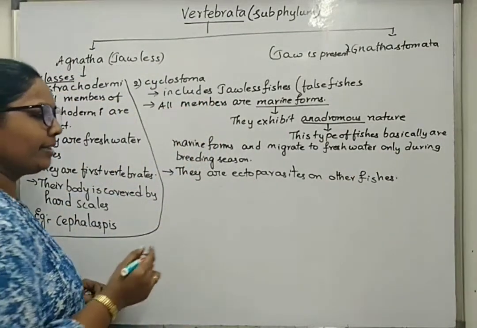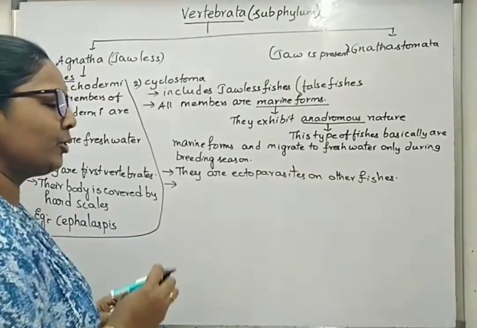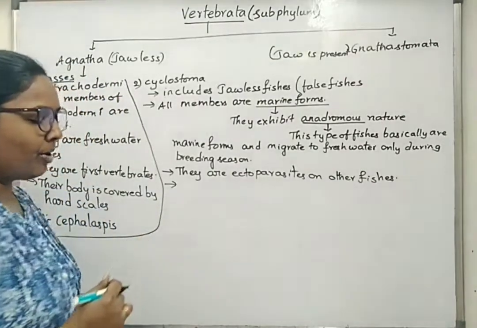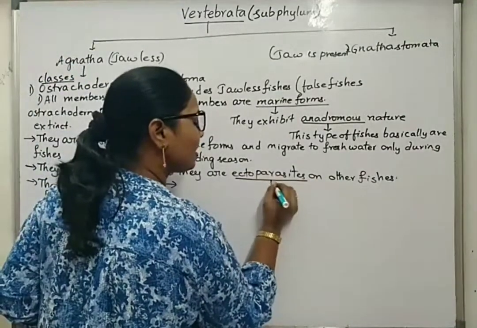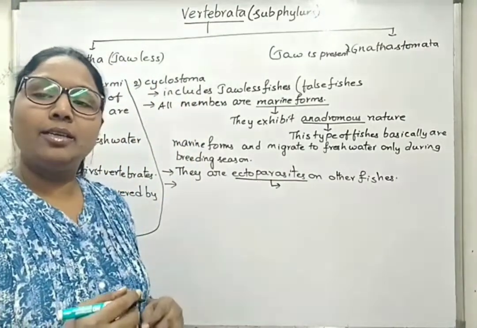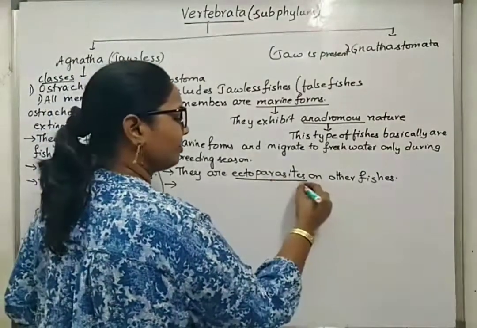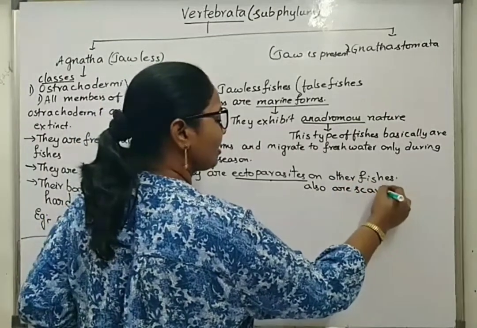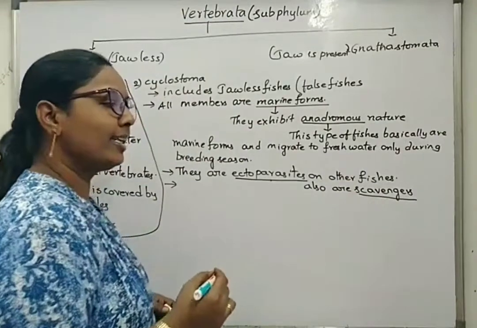They suck blood from other fishes and get nutrients from the smooth muscles of the host. As well as ectoparasites, these Cyclostomes are also considered scavengers, meaning they feed on dead fishes. Scavengers are organisms that feed on dead and decayed matter.